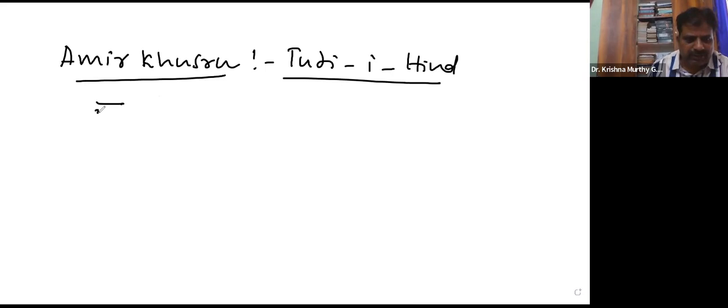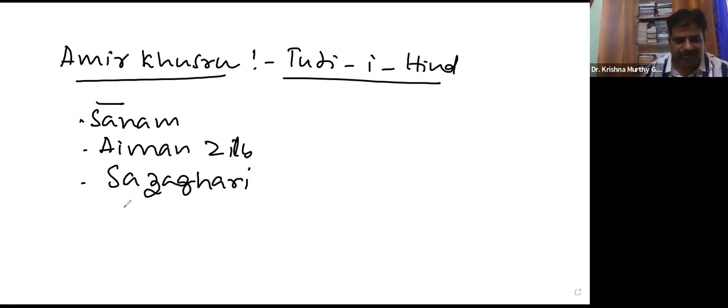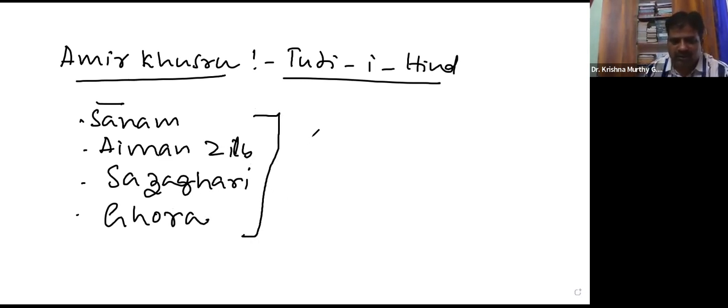For example, among these, first one, Sanam, not Teri Kasam. Next, Ayman, Jilf, Sajagiri, and another one, Gosha or Gora. These are the musical ragas.